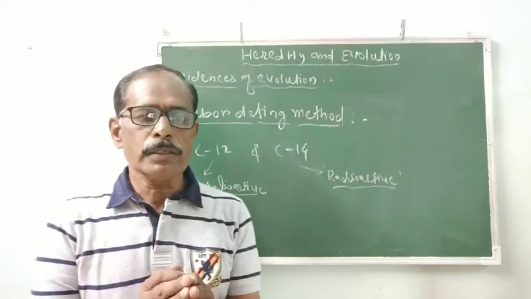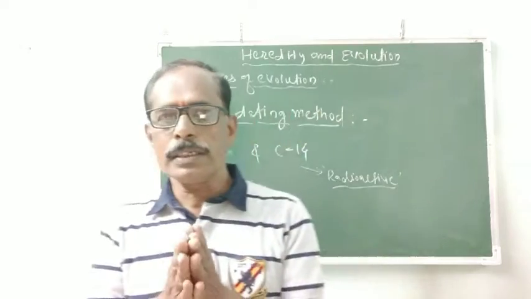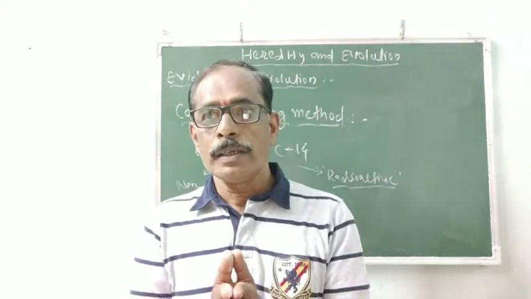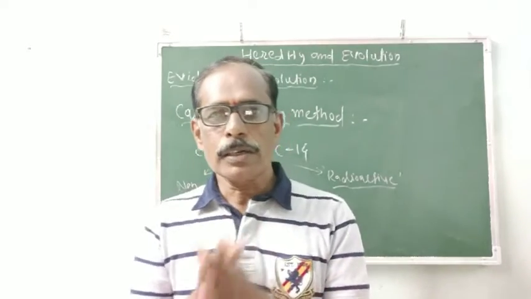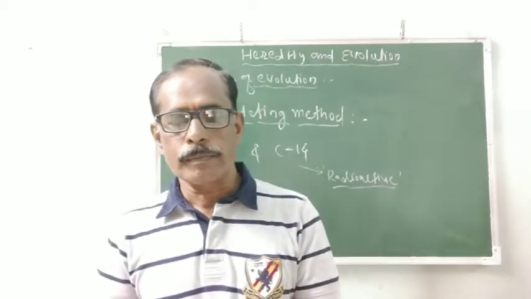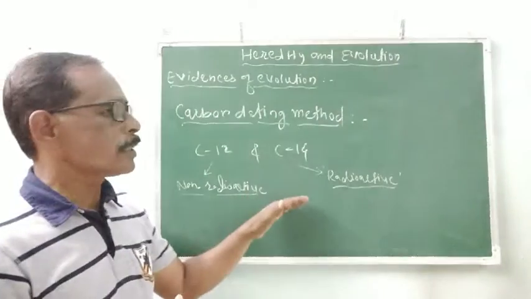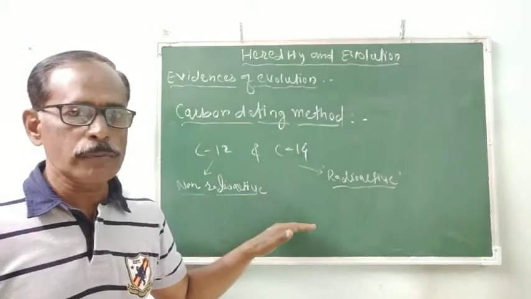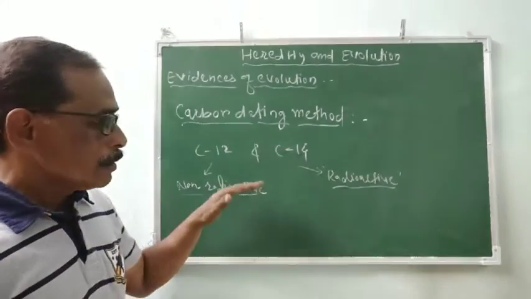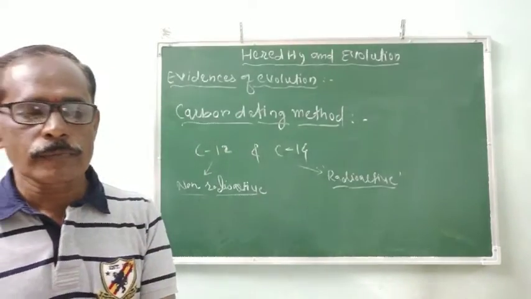When any animal does not stop its intake, at the time of death of that living organism, the ratio of carbon 12 and carbon 14 in the body is equal to the ratio of carbon 12 and carbon 14 which are present in nature.